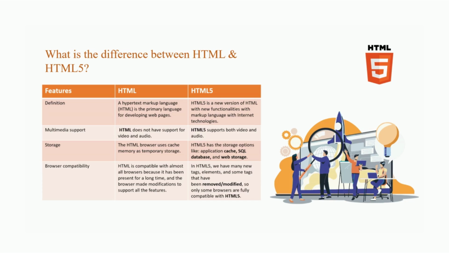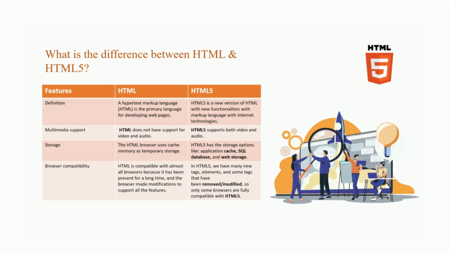In terms of multimedia support, HTML does not have support for video and audio, whereas HTML5 supports both video and audio. In terms of storage, the HTML browser uses cache memory as temporary storage, whereas HTML5 has storage options like application cache, SQL database, and web storage.